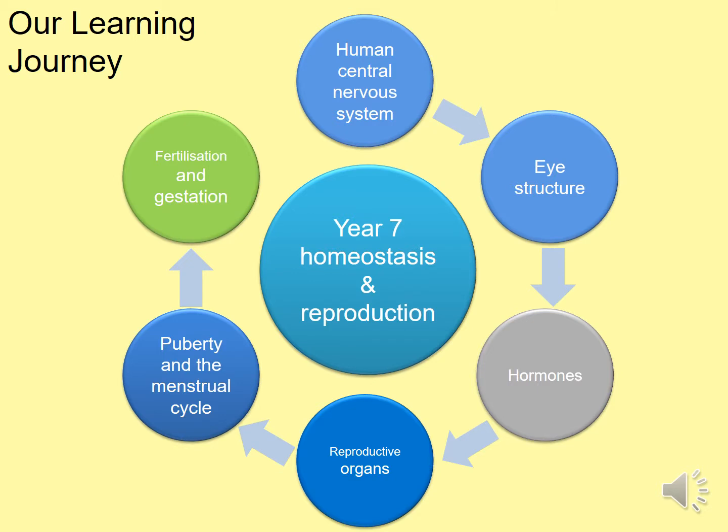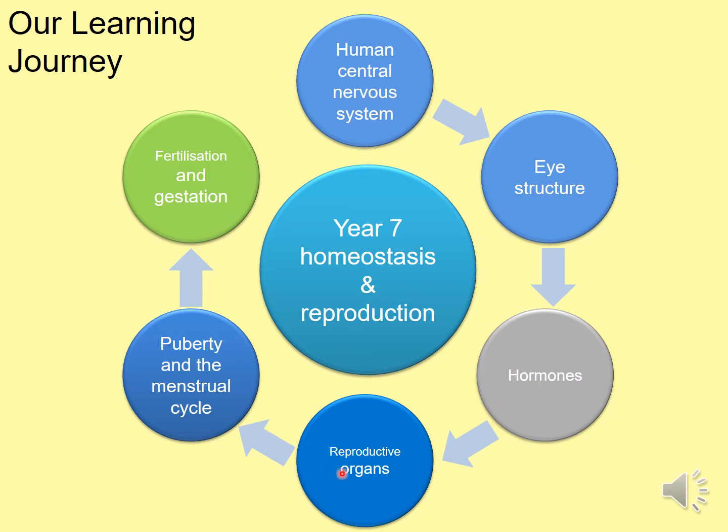In our learning journey so far, we have covered a wide range of topics. The general subject heading is homeostasis and reproduction, homeostasis meaning keeping things the same. So we have looked at the central nervous system, then we've looked at the eye as one of the receptors for the central nervous system. One of the effectors for the central nervous system is a hormone.